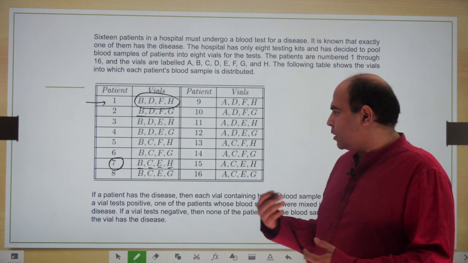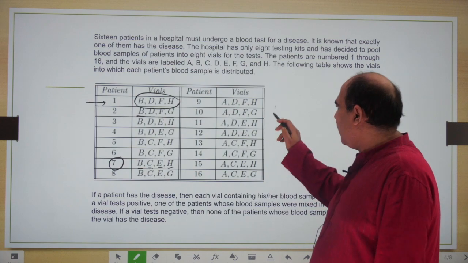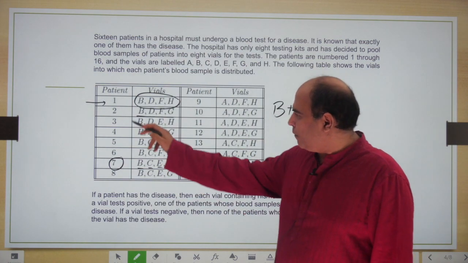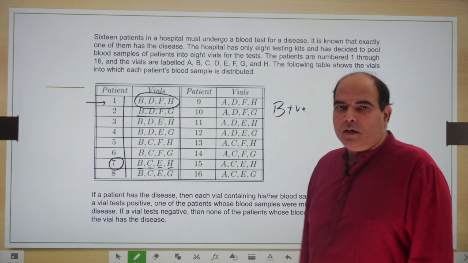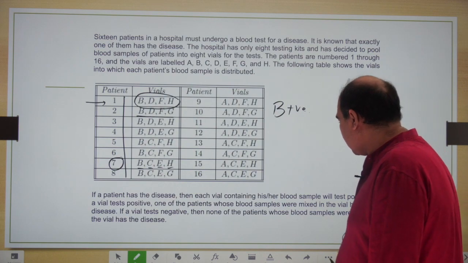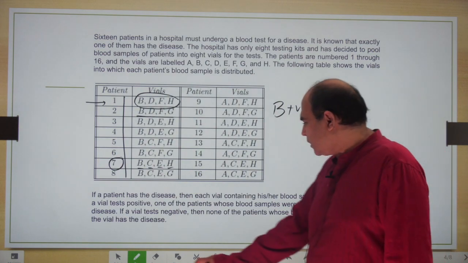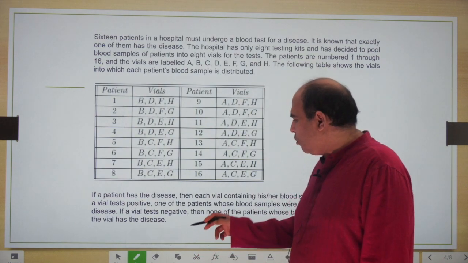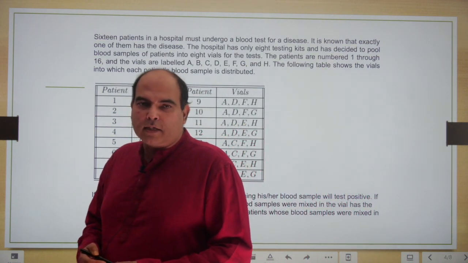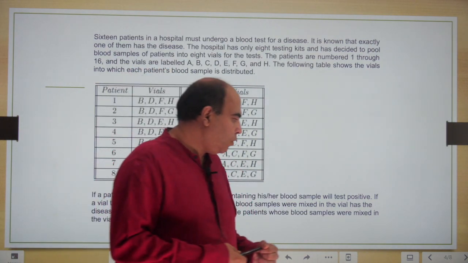But of course, if you only test vial B and vial B turns positive, what you can work out is that any of patients 1 to 8 can have the disease, because the blood of all these patients is inside this vial. So that makes sense. So nothing more to do in this, and I think this part of the problem is maybe 2 to 3 minutes, understanding what the structure is. So nothing more to do.